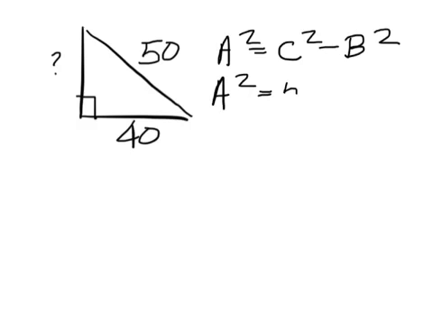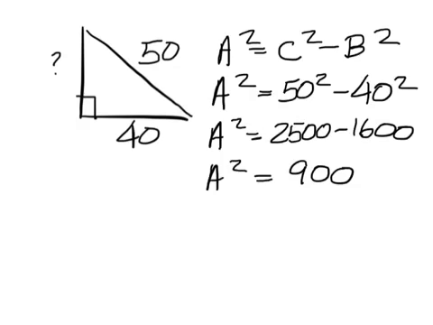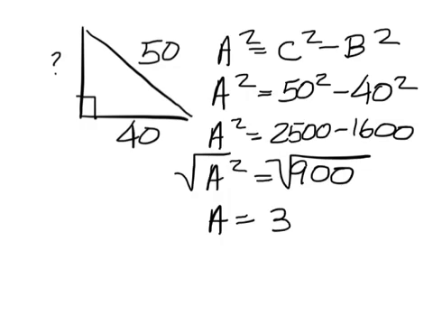And c squared is 50 squared, b squared is 40 squared. Simplify those two to get 2500 minus 1600, and that gives you a difference of 900. Find the square root of both to get an answer of 30.